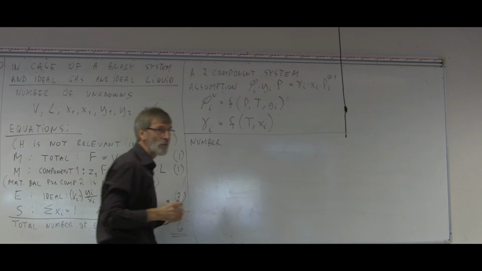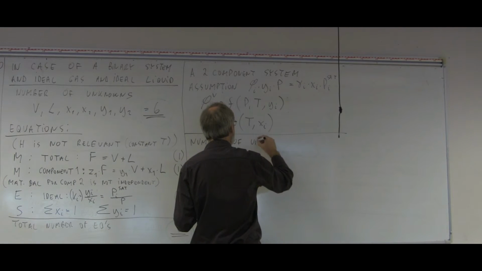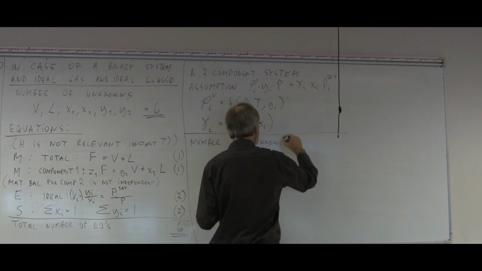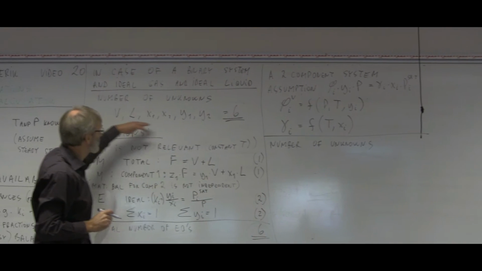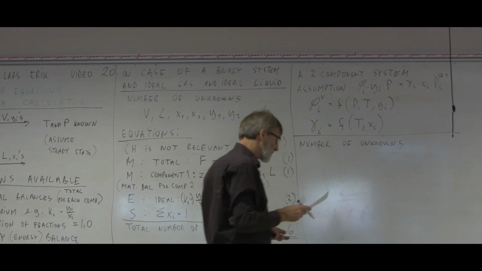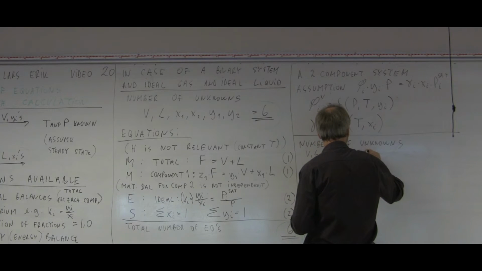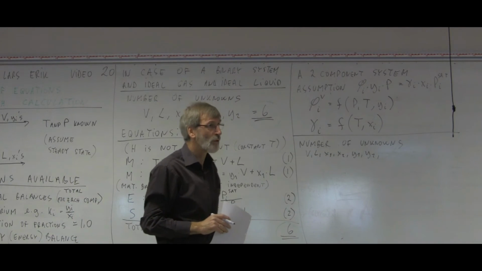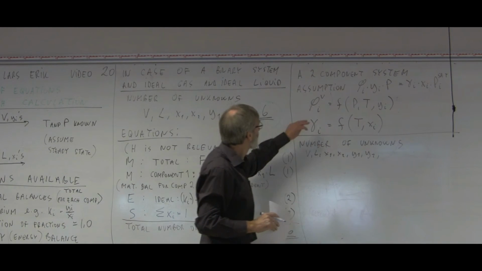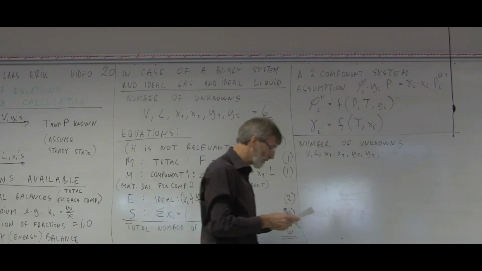Then, to get an overview, I try to find the number of unknowns. And we have the same as we had in the ideal system: V, L, x1, x2, y1, y2, but we have 4 more unknowns, 2 for each component.